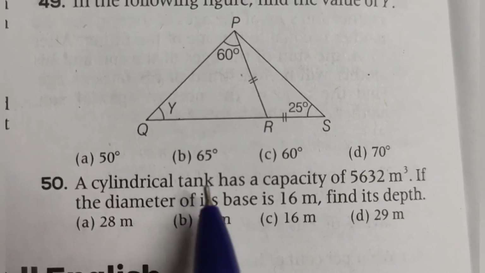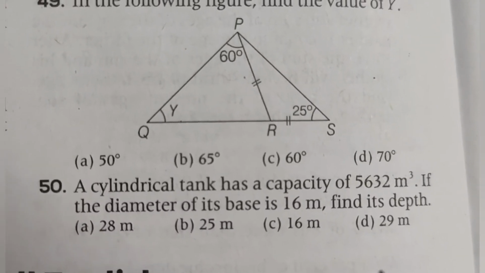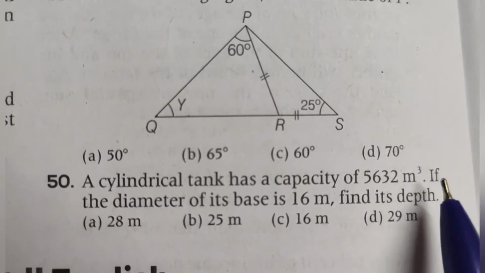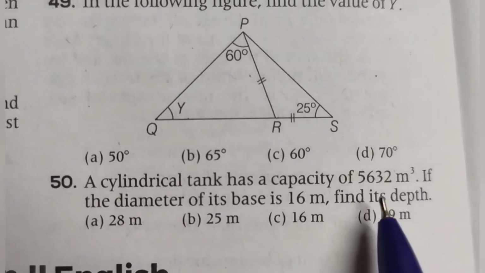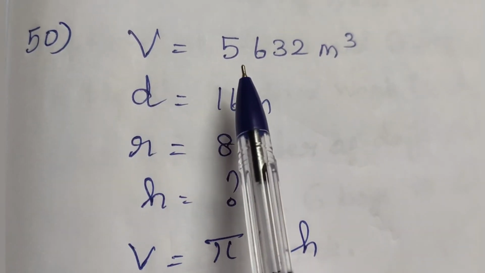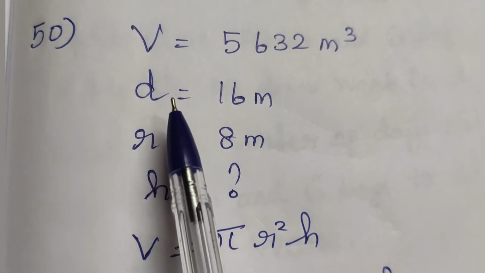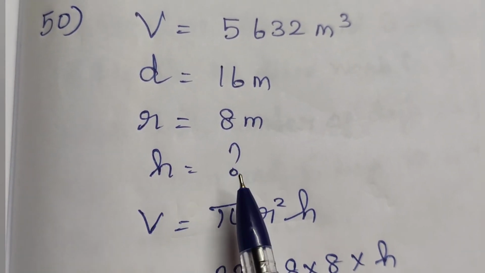50th question. A cylindrical tank has capacity, which means volume, 5632 meter cube. If the diameter of the base is 16 meter, find its depth. Diameter is 16 meters, so the radius is 16 divided by 2, 8 meter. We need to find the height.